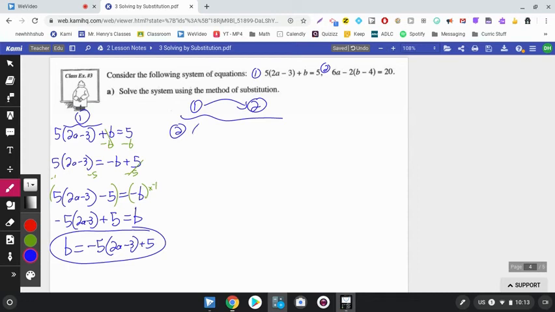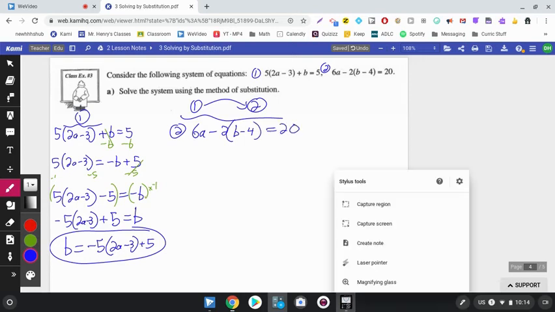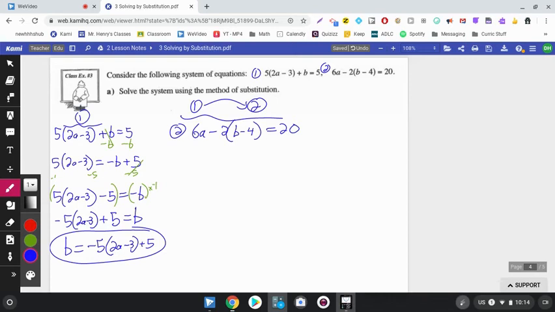Equation 2 being 6a minus 2 times (b minus 4) is equal to 20. So this is a big substitution. This is a really complicated question, but we can still do it. This is b. All of this is b.